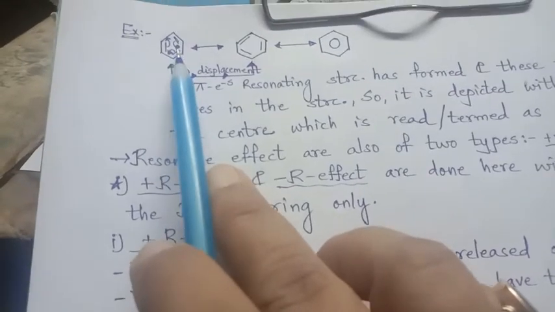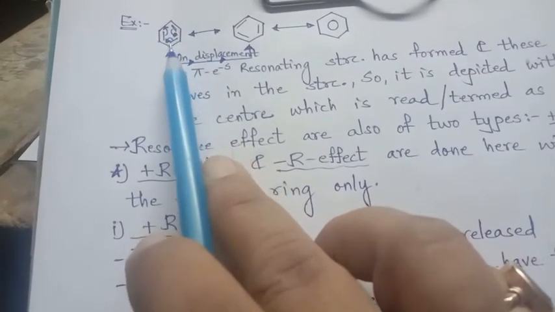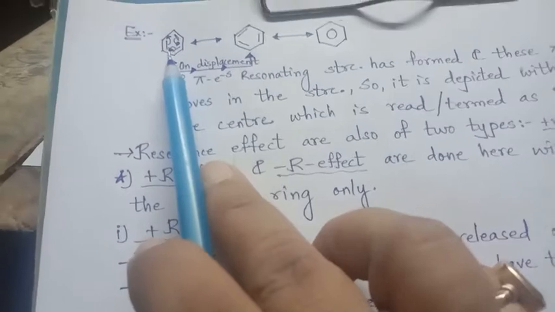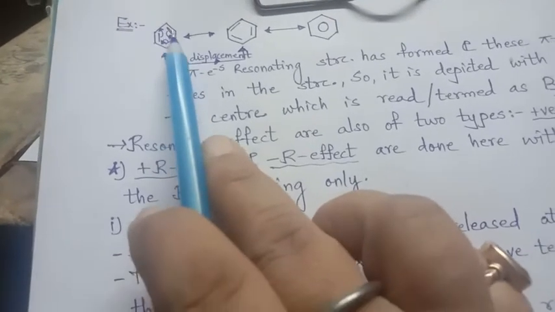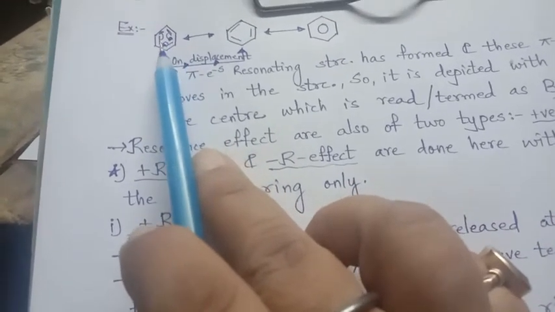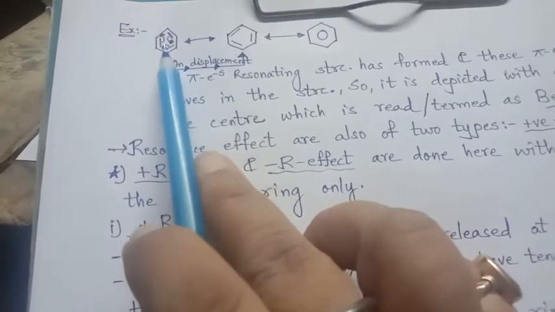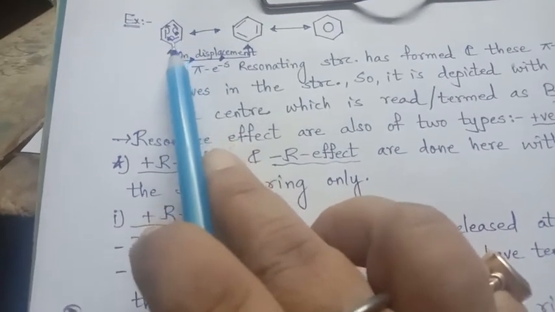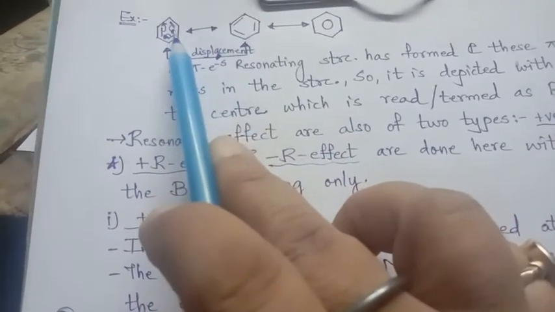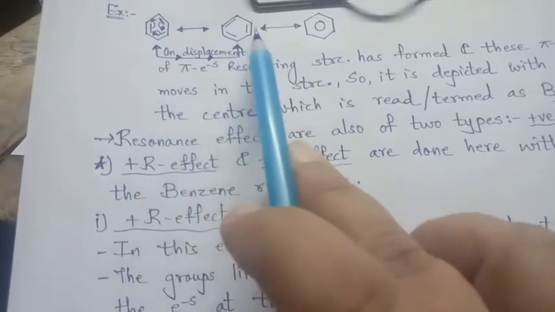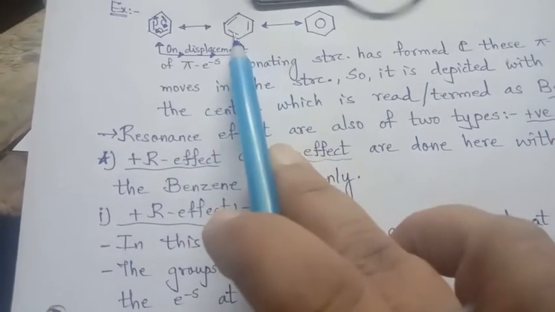See here, the double headed arrow means these two are the resonance structures of each other. So the pi electron cloud within the benzene is continuously in delocalization. That means they are continuously shifting from one position to the other.